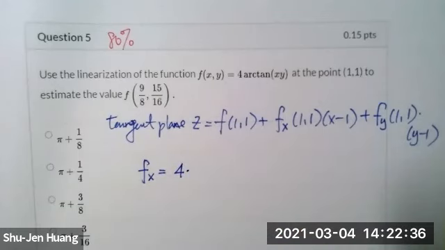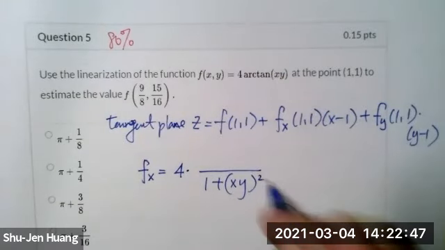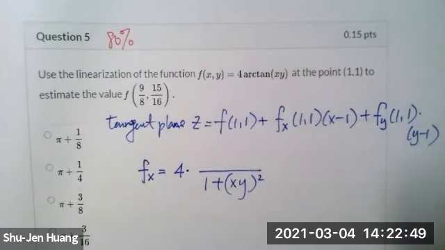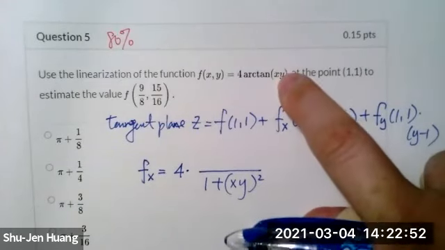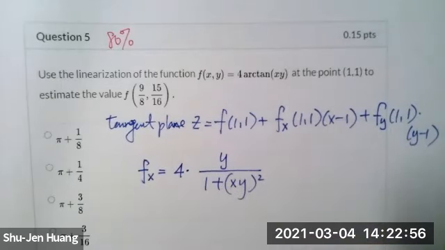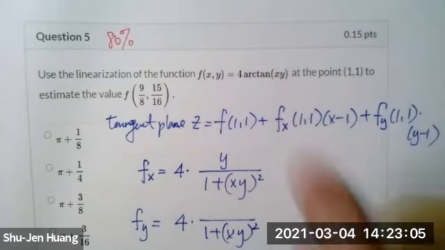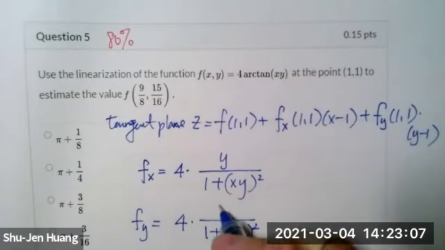It's 1 over 1 plus whatever is inside the arctangent, squared. Now we go inside and take the derivative with respect to x, so we have y here. Now do the same thing with respect to y. So we have 4 times 1 over 1 plus (xy) squared. Go inside, take the derivative with respect to y, and we have x.